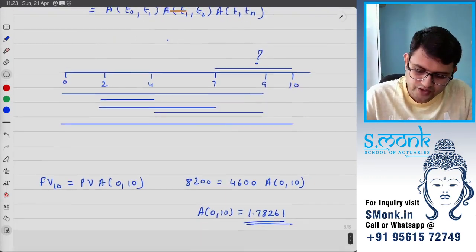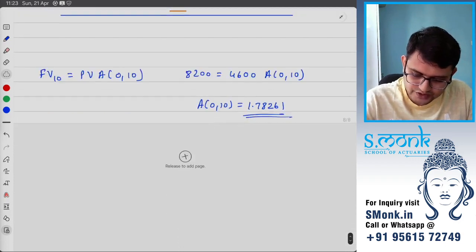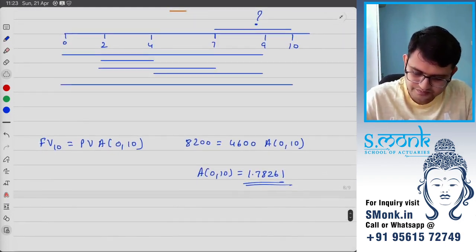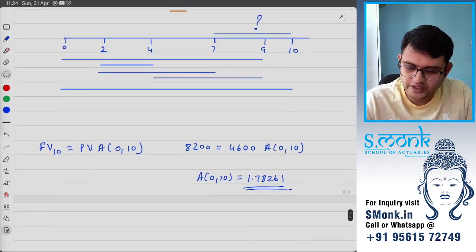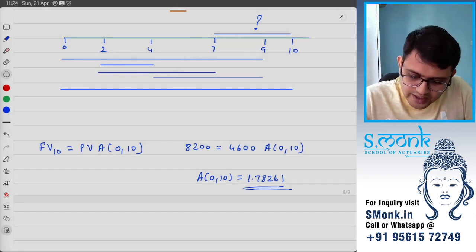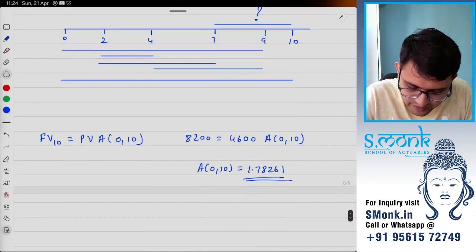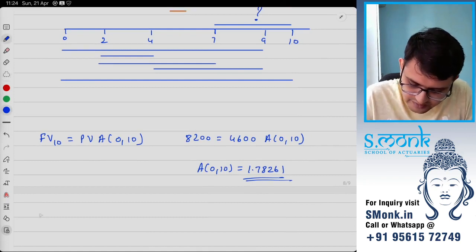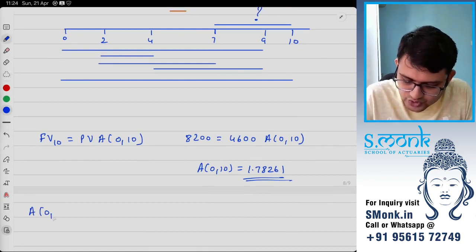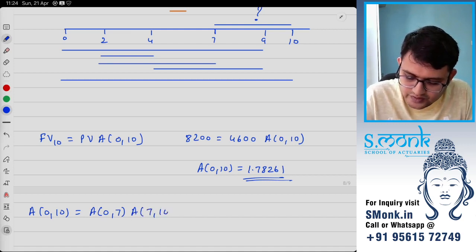Now, if you see what options are given, if I want to find 7 to 10, I can say accumulation factor 0 to 10 will give me 0 to 7 and then 7 to 10.